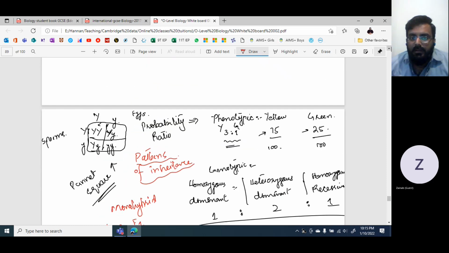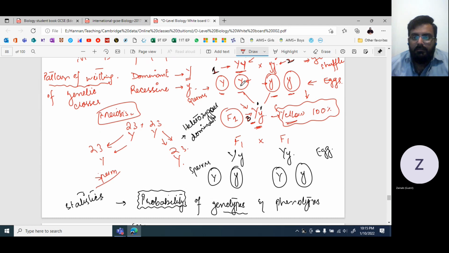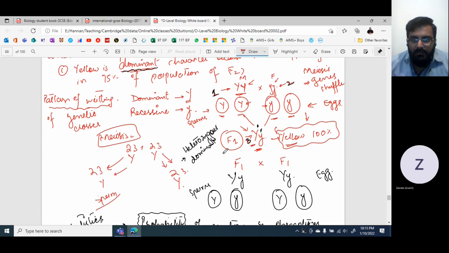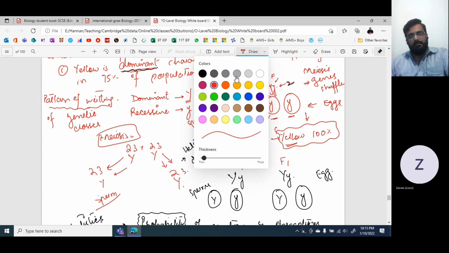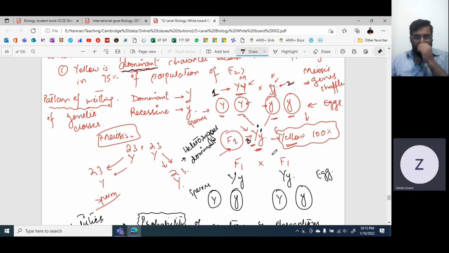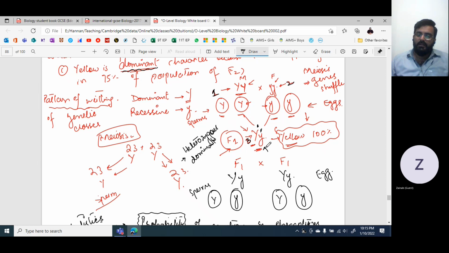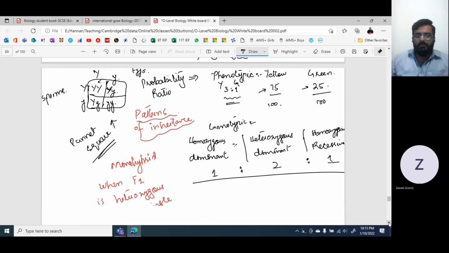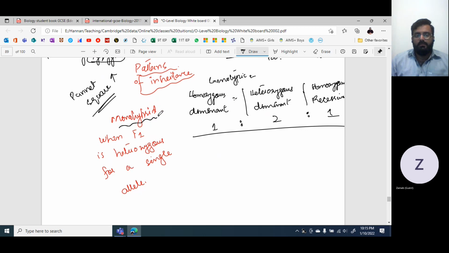Is this F1 heterozygous or homozygous? Heterozygous. Yes, and it is heterozygous for a single allele. So when F1 is heterozygous for a single allele, it is called a monohybrid cross. This is a monohybrid cross which we have just done here.